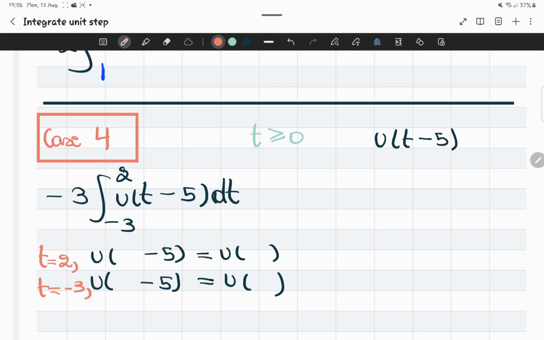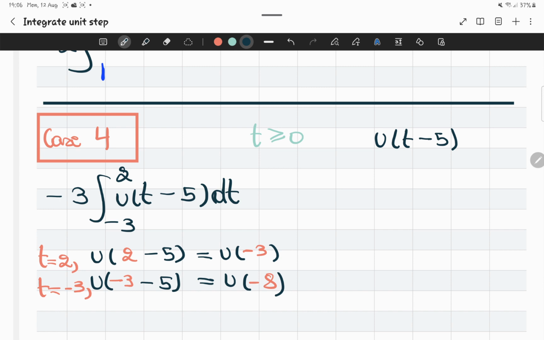Okay, if t equals 2, t equals negative 3: 2 minus 5 is going to give us negative 3, and negative 3 minus 5 is going to give us negative 8.